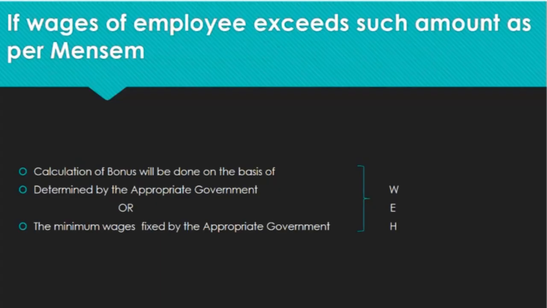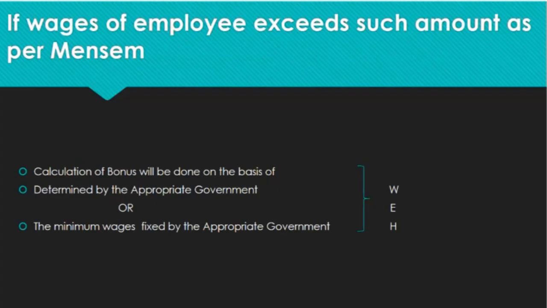Either minimum wages, as they say, so if your wages are greater than 15,000, then it will be taken as 20,000 for the purpose of your bonus calculation. That is, if the government sends out a notification, then for any wages beyond 15,000, we will take the basis to be 20,000 and calculate accordingly.